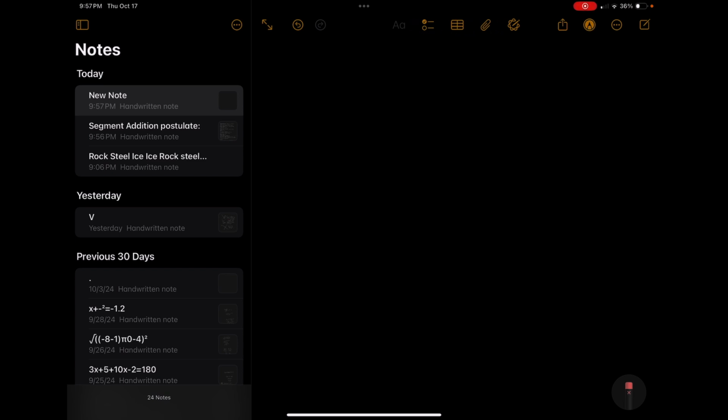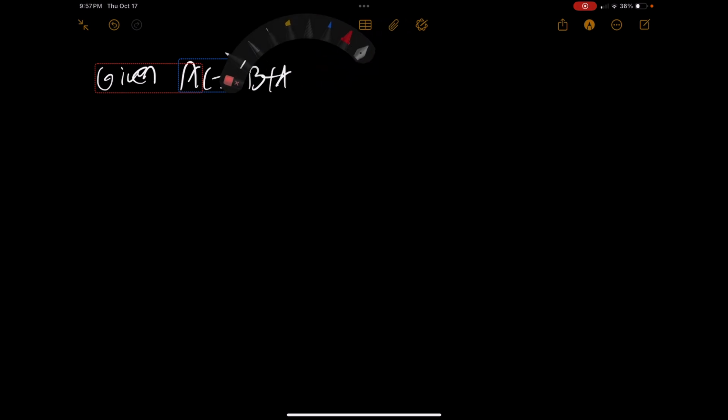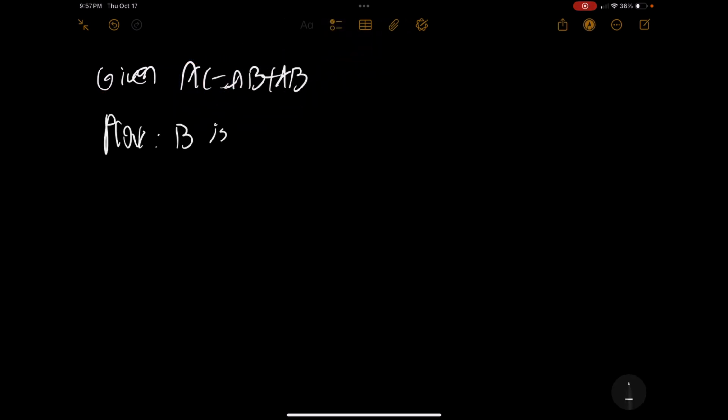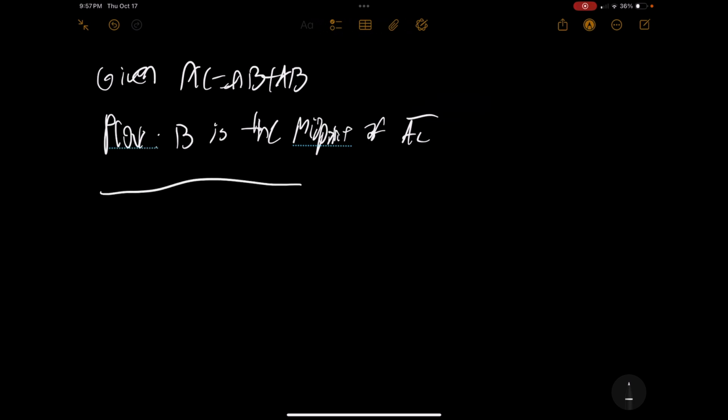This actually uses a lot of stuff. Given AC equals AB plus AB, I have a little chart.